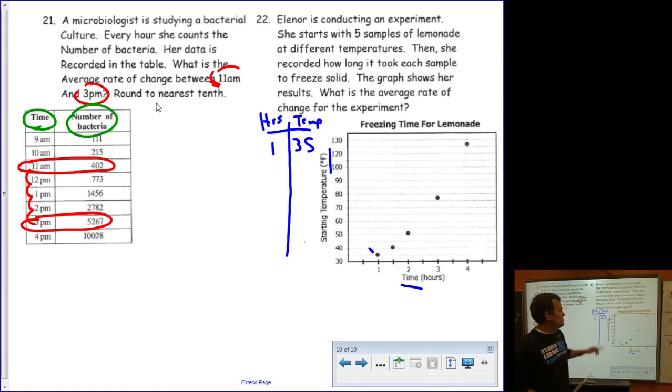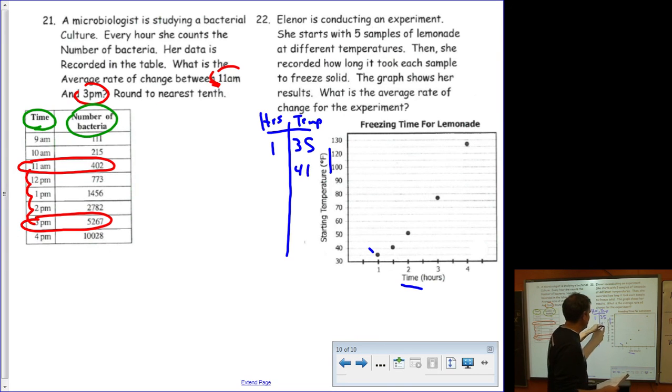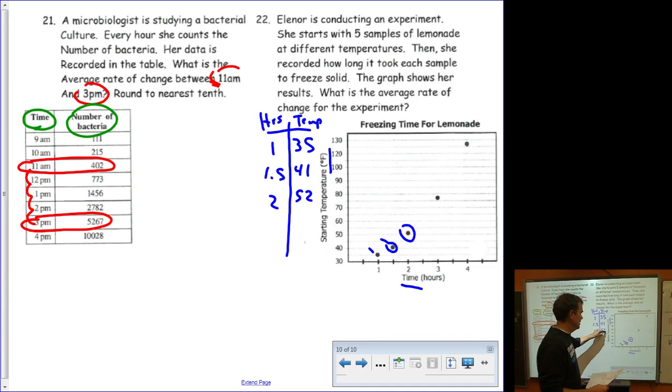That means when the temperature is 35 degrees, it takes 1 hour for it to freeze. When the temperature is 41 degrees, it takes 1.5 hours. I said this point is at 2 hours and a temperature of 52 degrees.